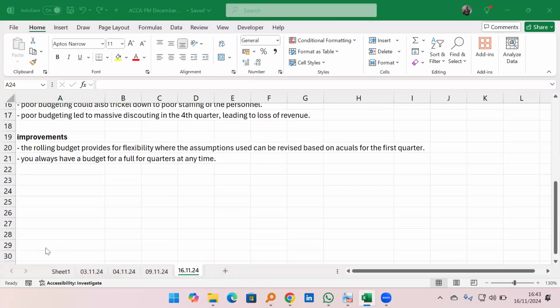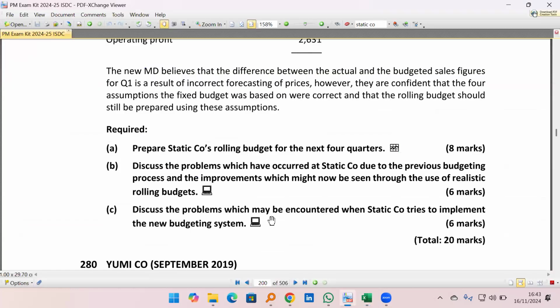And now the other part asks for the problems which we may encounter when we want to implement the new budgeting system. What you need to realize is this question is not generic like the previous one. It is specific, because they are saying problems encountered when Static Co implements it. So when you're answering, you should also say Static Co would face this issue, because if you don't, the examiner may feel like you didn't relate it, you just picked answers that fit anywhere.